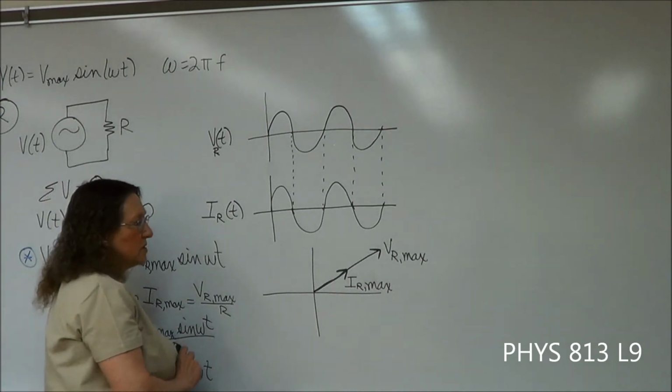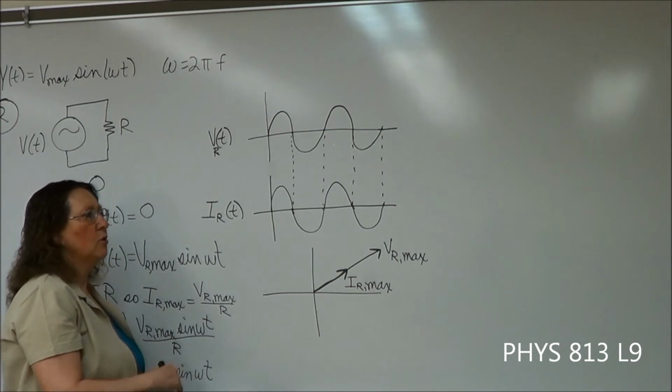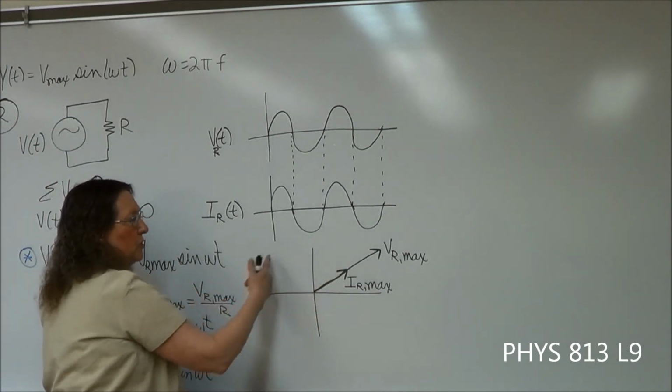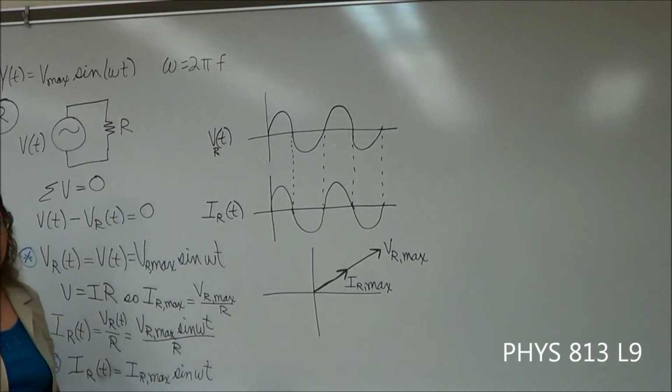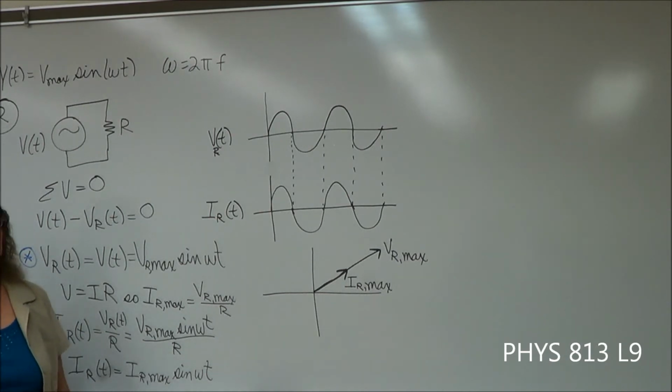Now, most of the time in textbooks, you usually don't actually do a projection and calculate the voltage or current at a particular instant. You could, but there's usually no point in doing that because you aren't going to be able to measure that.